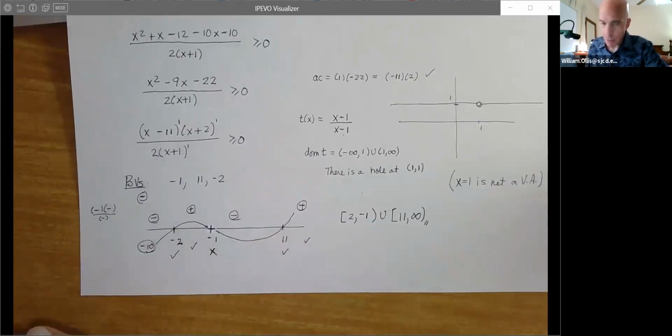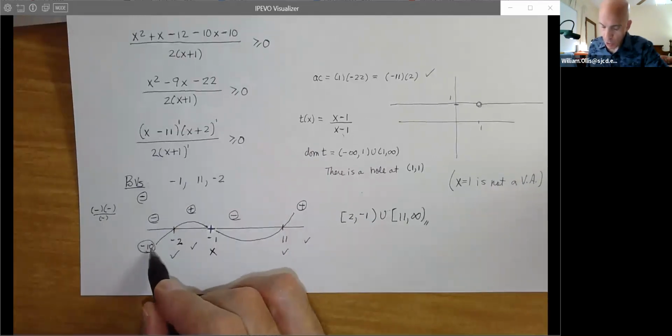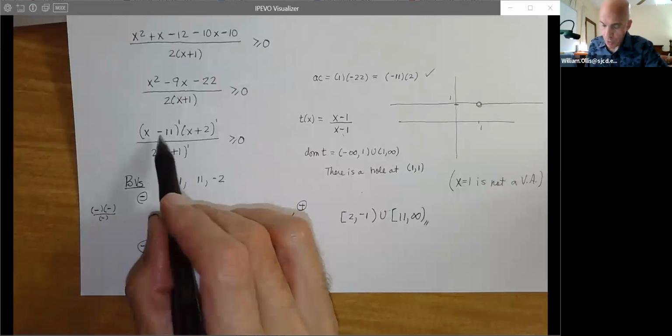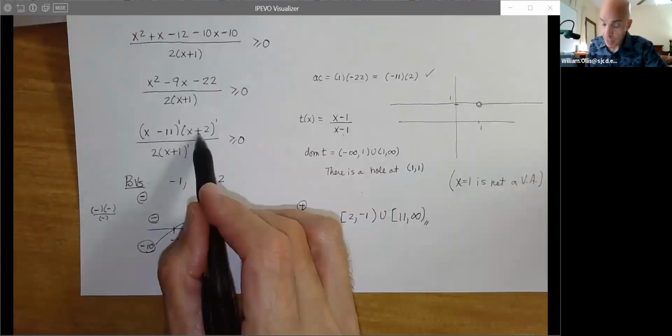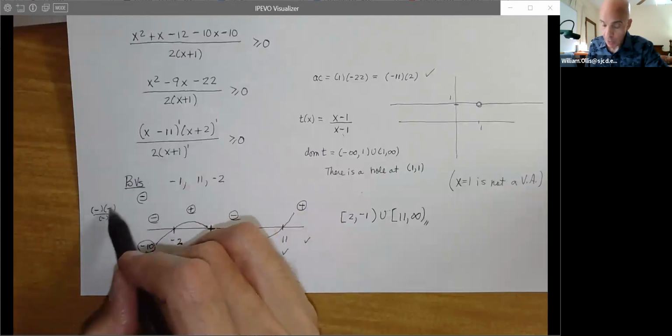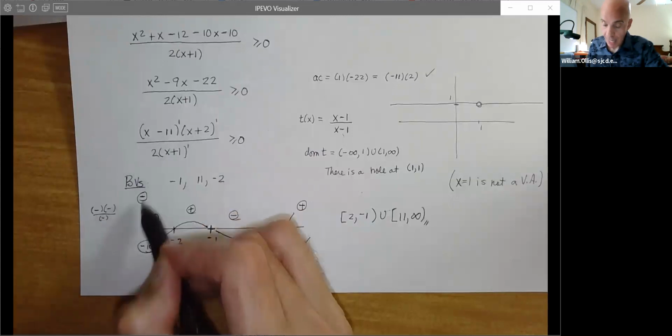And so to get the ball rolling, I went ahead and checked here the negative 10. So the negative 10 in here will give us a negative factor, the negative 10 here, a negative factor, and the negative 10 here, likewise. Three negatives, negative.